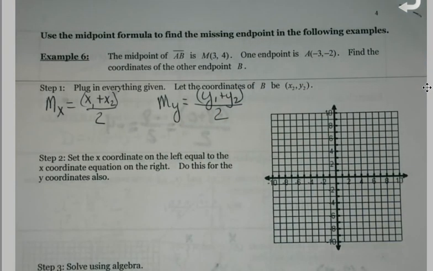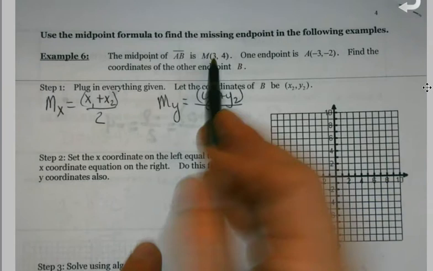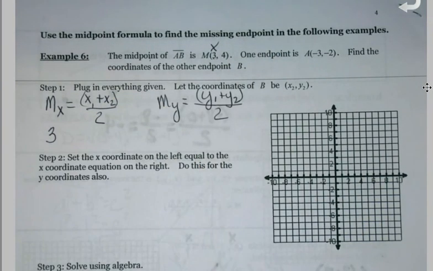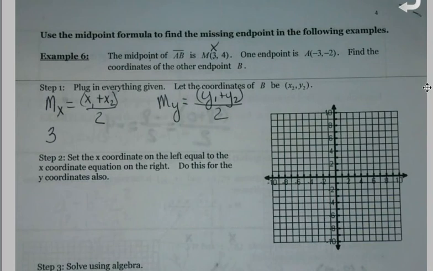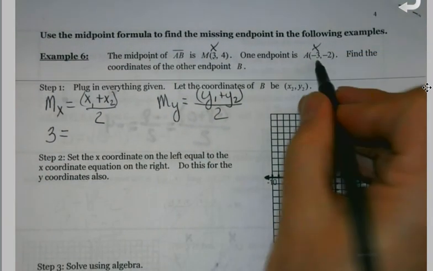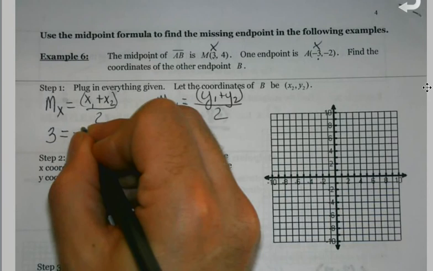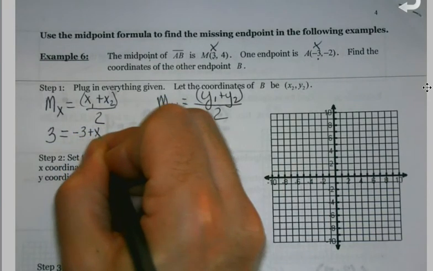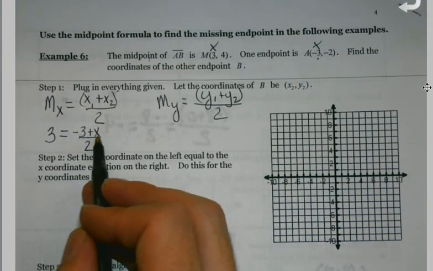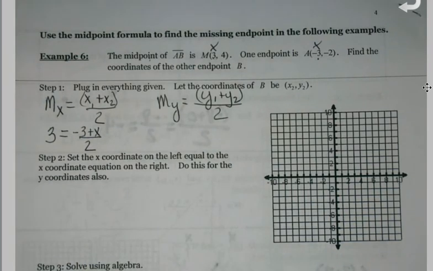So here's what I'm going to do this time. They're telling me what the x value of the midpoint is. It's 3. So I'm going to plug that in for midpoint of x. They tell me what one of the endpoints is. It's -3. So the only thing I don't know is what's that other x value of my other endpoint?